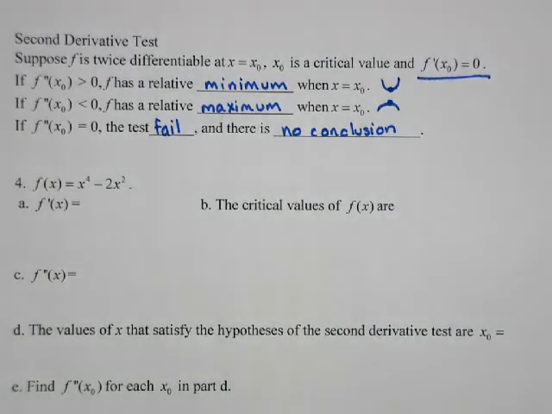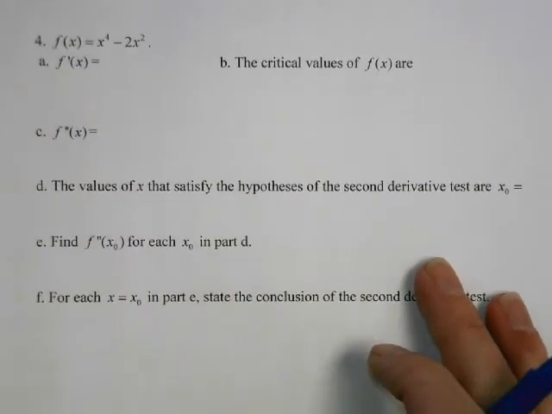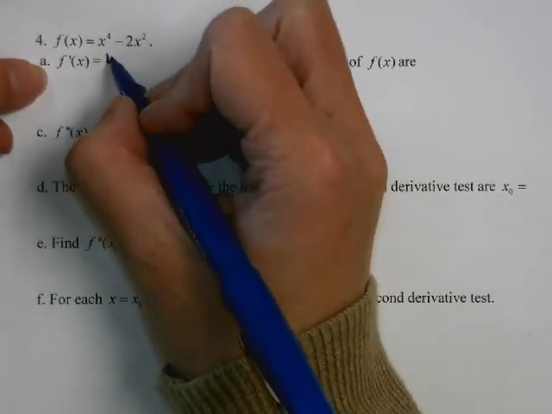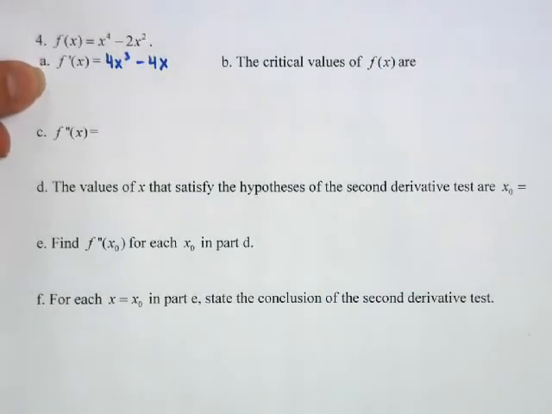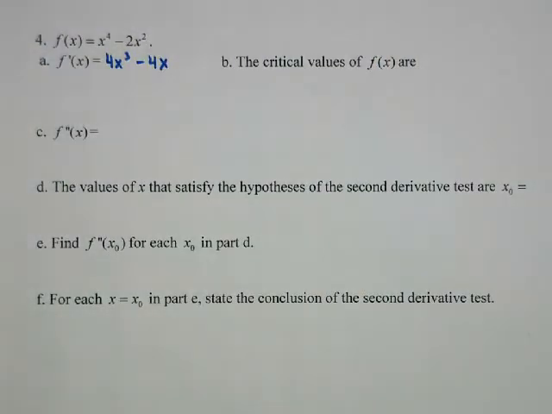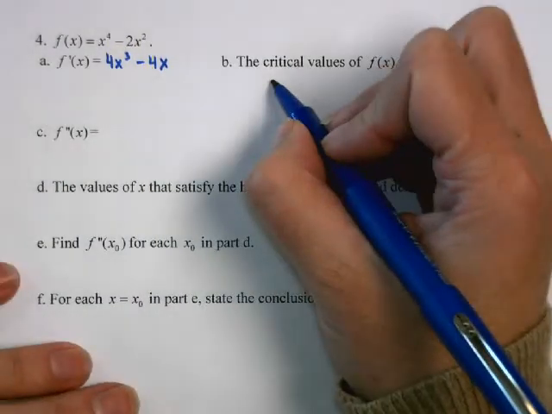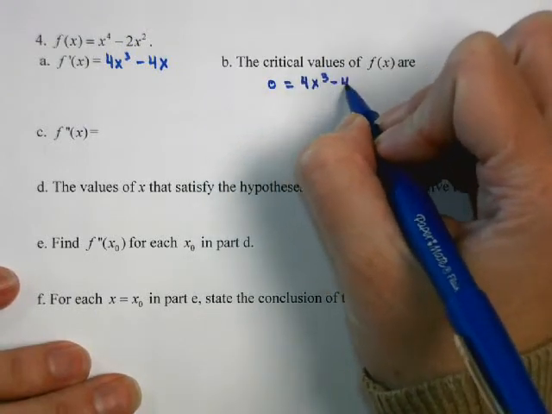Okay, so let's go through, without the graph, how can we tell different things? So we've got x to the 4th minus 2x squared. So the derivative is going to be 4x cubed minus 4x. Okay, the critical values are the values where it is equal to 0. So 0 equals 4x cubed minus 4x.